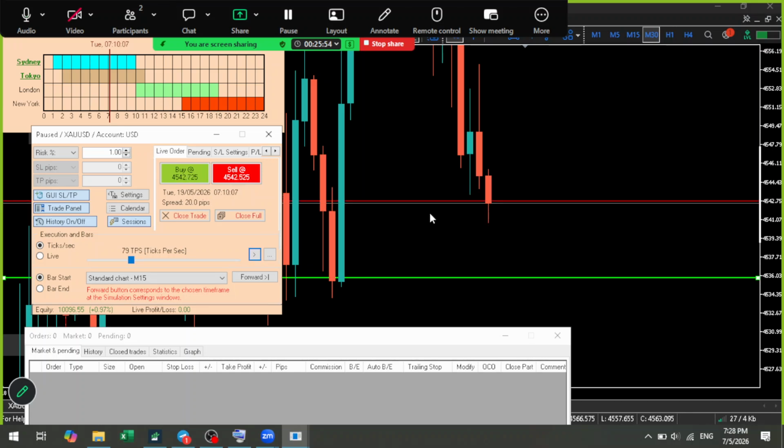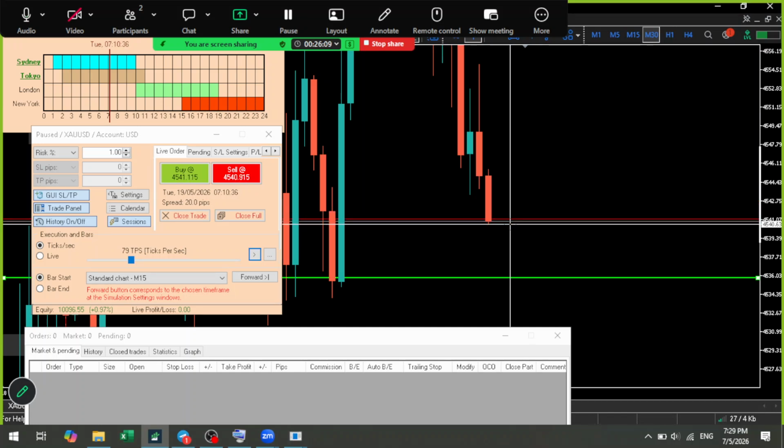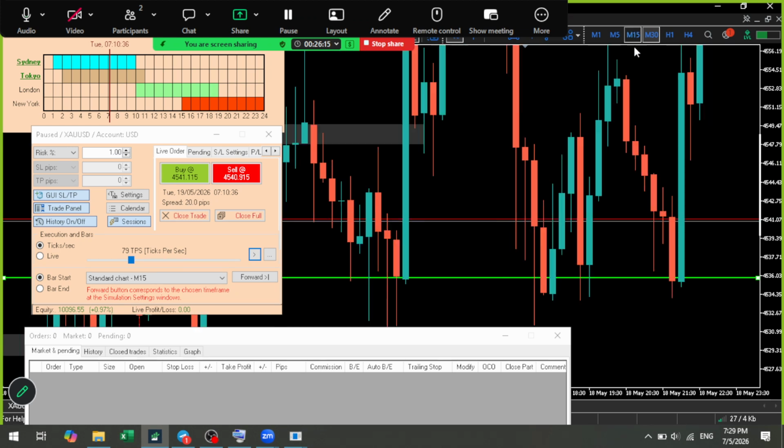Okay, it is now breaking its own low. So it broke its own low 10 minutes into the candle, and maybe it should push down now, but at this point the stop loss would be too big and we don't have any opportunity to manage risk.